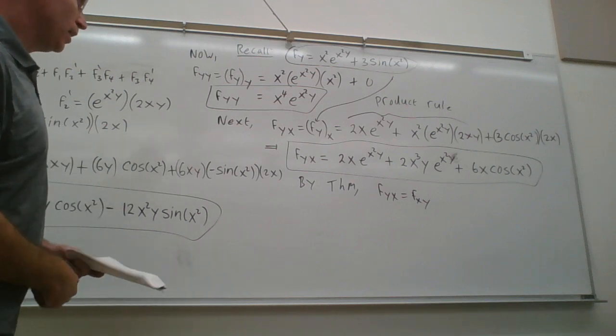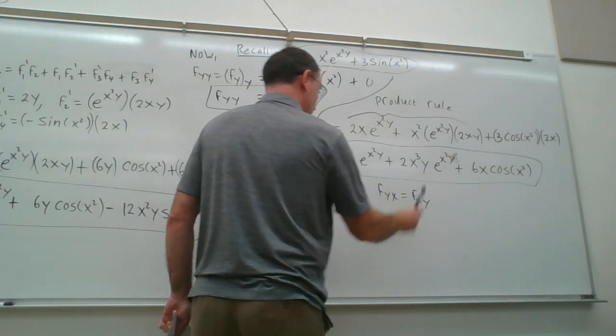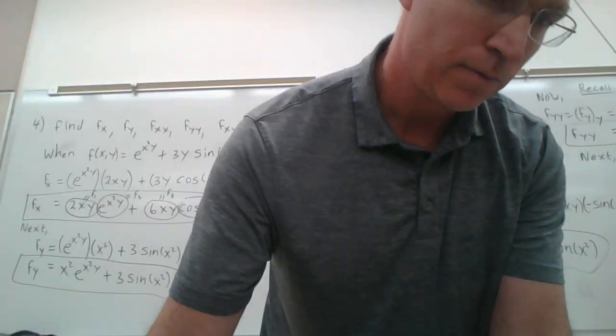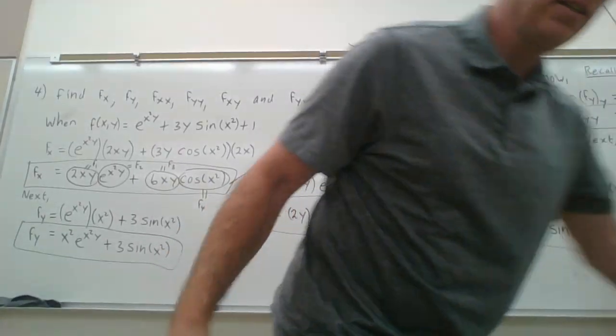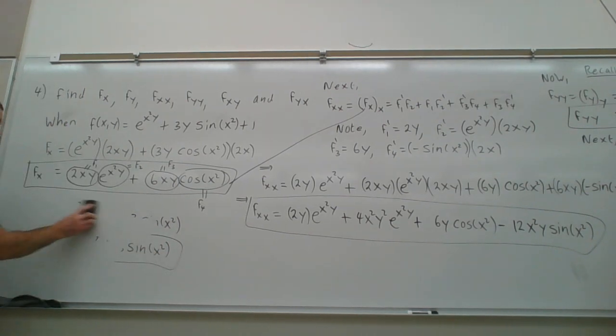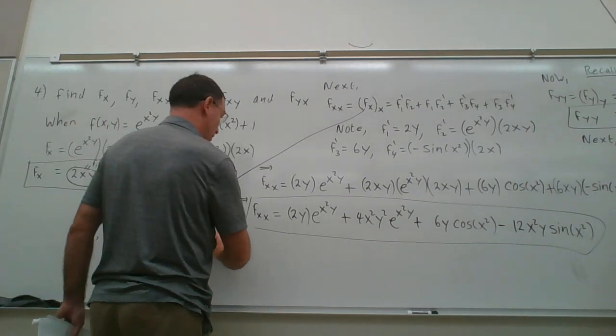Okay, so let's compute this guy next, I guess. Let's go back over to the other side, over here, because I have fx on this side. So let's erase fy here. Let's erase this 2.